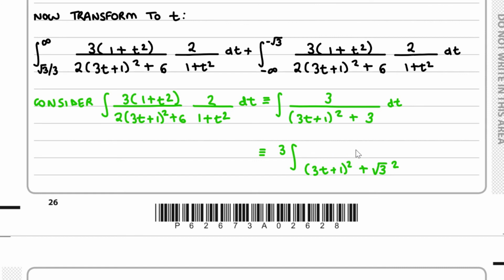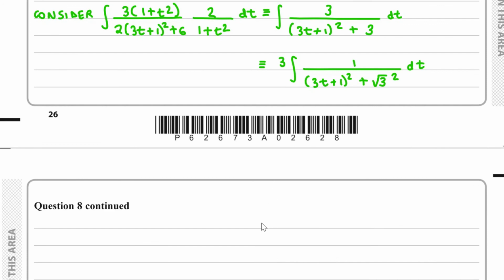And the reason for that will become apparent. And don't forget we've got here dt. So now if we attempt to work this out, we'd have here 3 lots of 1 over 3t plus 1 all squared plus root 3 squared dt.